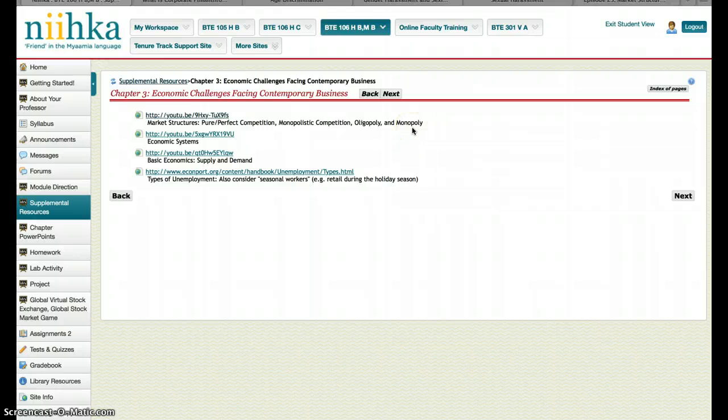Everyone is always pretty familiar with monopolies like Duke Energy, electricity companies, that type of thing. You also have a figure in your book, a table that highlights this.